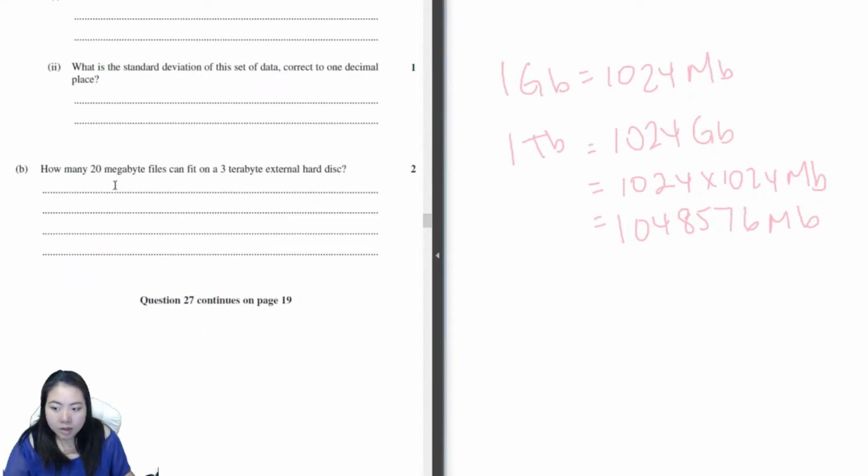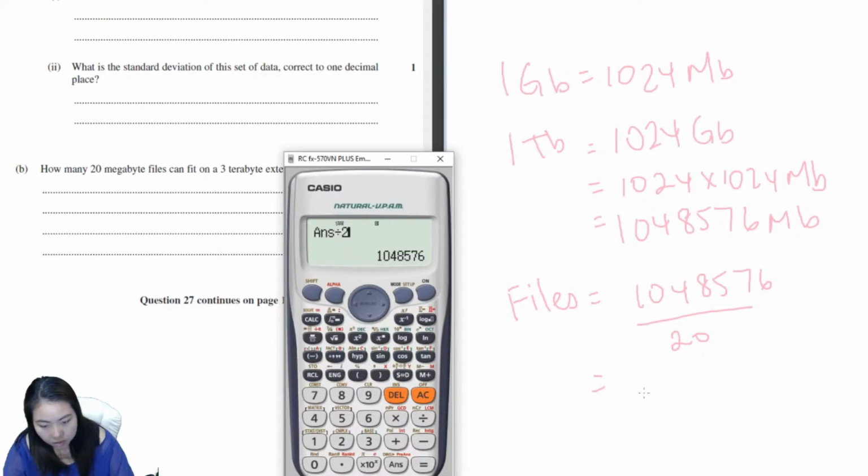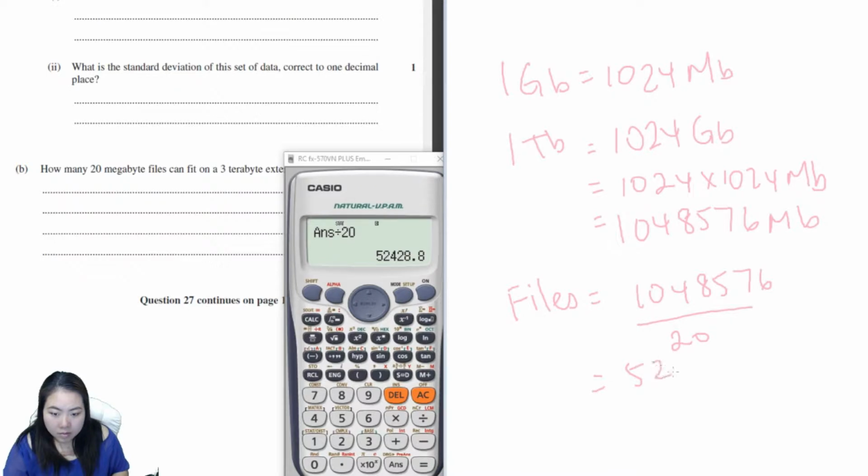We have a 20 megabyte file, so then it's an easy case of division. So how many files is 1,048,576 divided by 20? 52428.8.